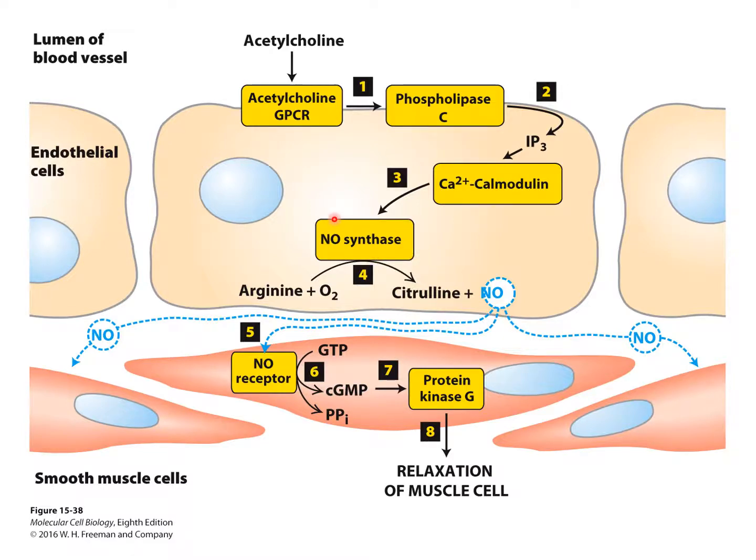And just kind of like a quick review, that uses NADPH, one of the few pathways that uses NADPH. And you're going to get citrulline and nitric oxide. Nitric oxide will then go to smooth muscle cells, which causes the generation of cyclic GMP, and the cyclic GMP will then activate protein kinase G, which causes relaxation of the muscle cell.